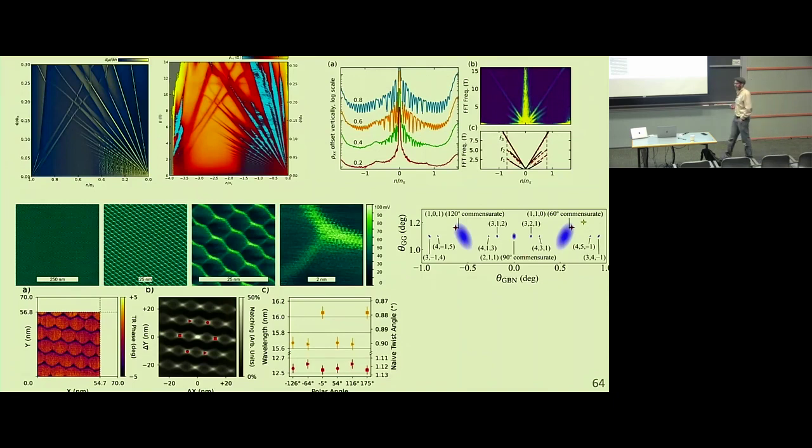Okay, so let me start with the easy part, the size of the sample. The sample is about 20 microns in one direction, and the Hall bar is around a micron wide. I don't remember exactly. We have 9 contacts on each side, so 18 contacts plus the current contacts, and we set up electronics to measure them all simultaneously, so we can see how much the twist angle varies across it.